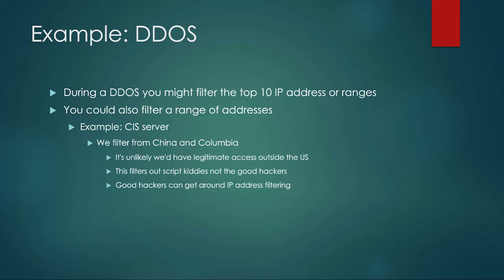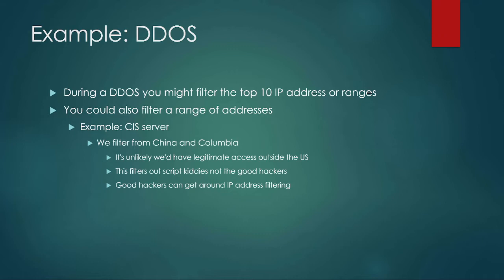Now, let's take an example of where we might want to use firewalls. So, a distributed denial of service attack or a DDoS attack. A DDoS attack is where somebody is going to come in and try to overwhelm our systems with requests of some variety. One of the things that we can do with our firewall is we can filter some of the requests that are coming in.